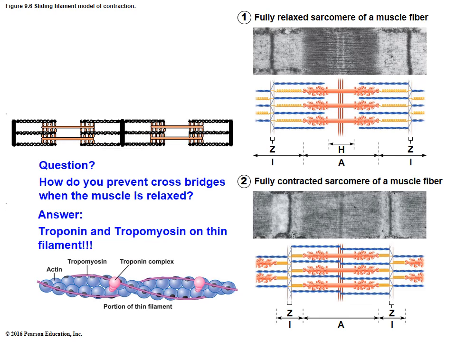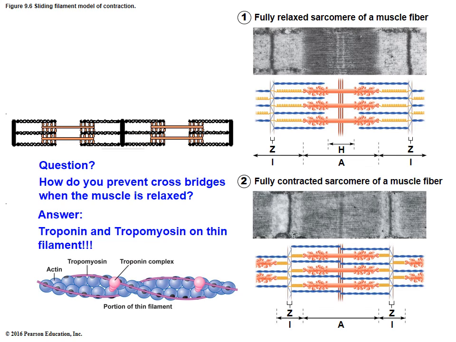So when the muscle is relaxed, the tropomyosin hides the binding sites. You can see it being illustrated as a string-like protein, and it's covering the binding sites. And if you want your muscles to contract, then we need to slide the tropomyosin out of the way so that the head of the myosin can get in direct contact with the actin binding site.